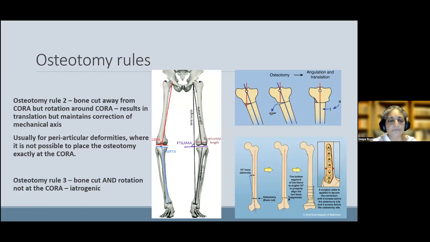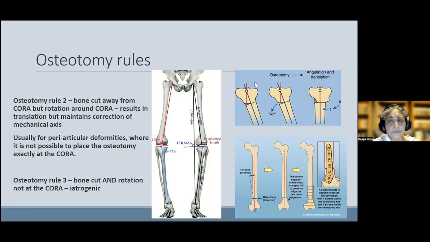So you can see an example here on the right where the CORA is at the level of the joint. So technically, it isn't possible to do your osteotomy there, because if you did, you would end up with a very small segment of bone that would be very difficult to stabilize.